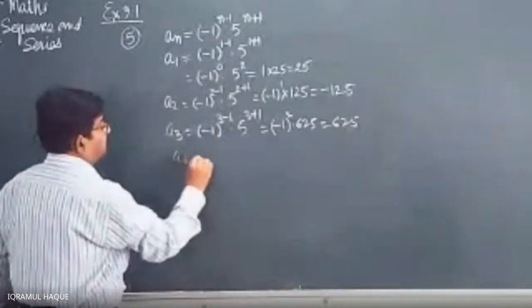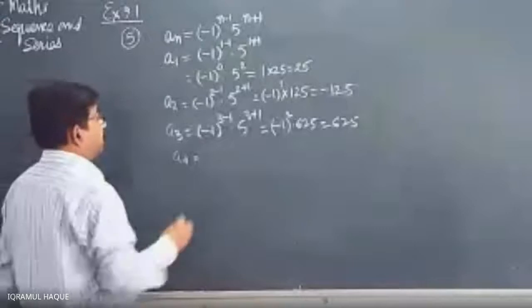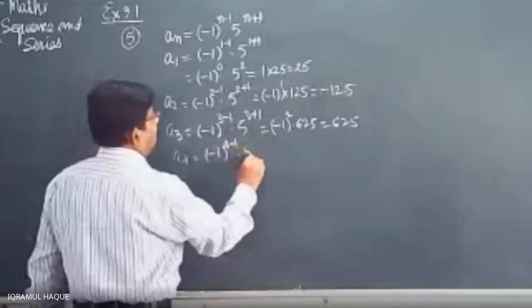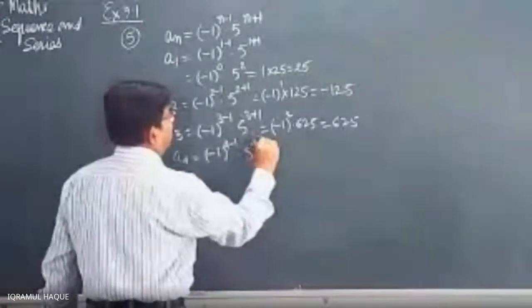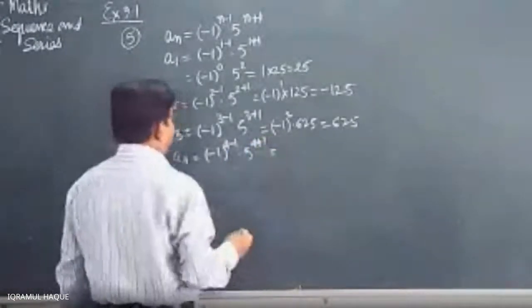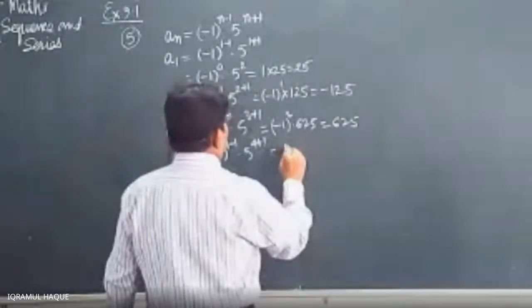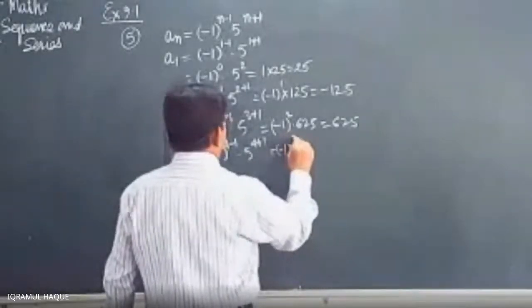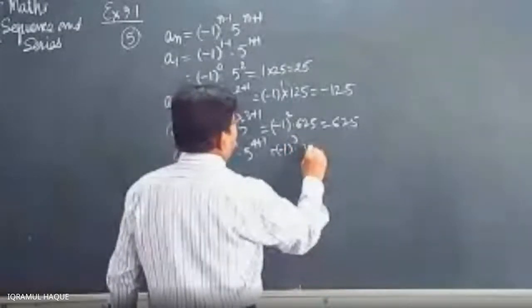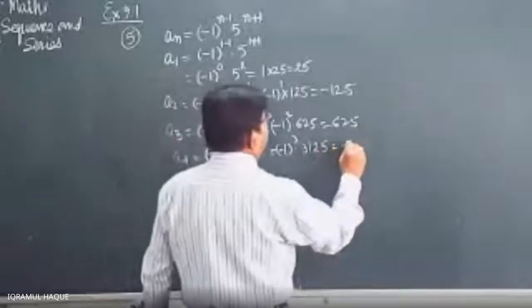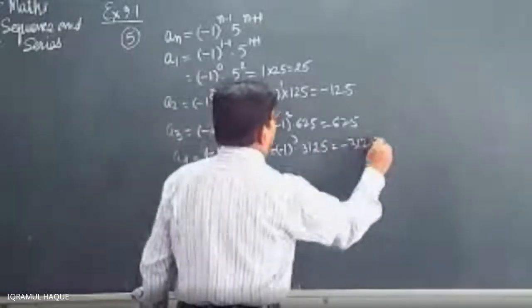A4 means (-1)^(4-1) * 5^(4+1). So we have, how much? This is (-1)^3 and this is 3125. So we have minus 3125.